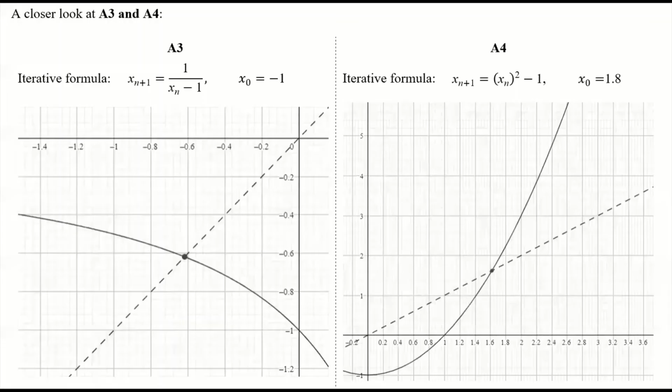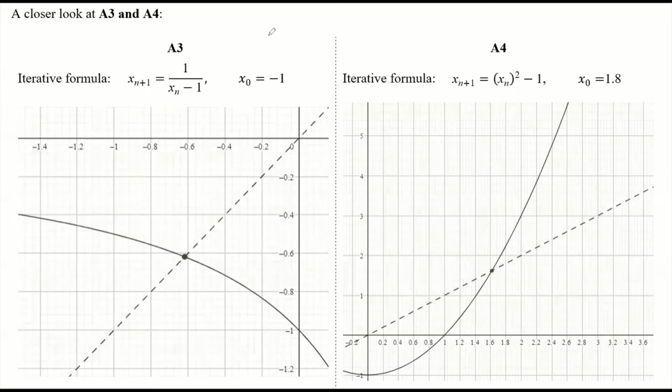So before we look at the worked examples, I'd like to just have a look at A3 and A4, which were the two equations that we formulated earlier. Now, I've generated iterative formulas for A3 and A4, as we saw in the previous example. And we're going to do this purely graphically. We're going to see if we can converge on the solution to the equation.